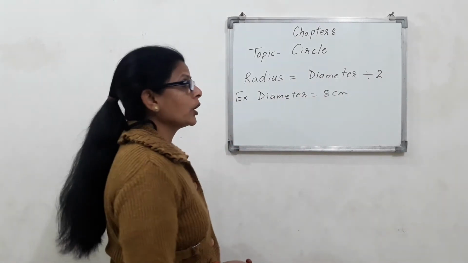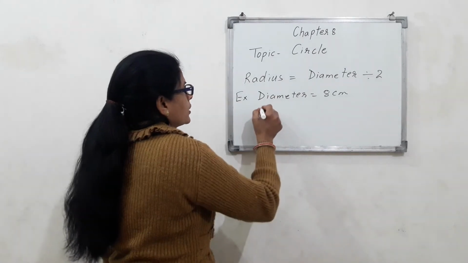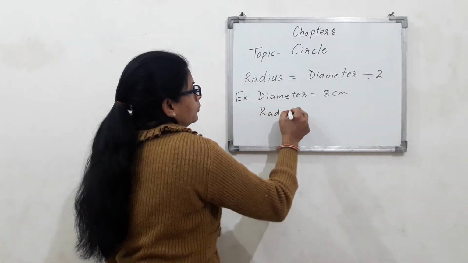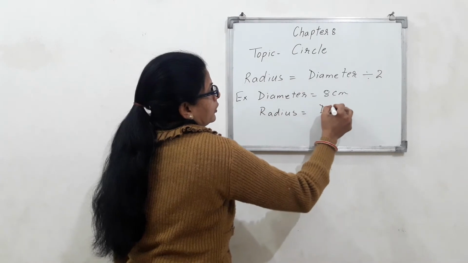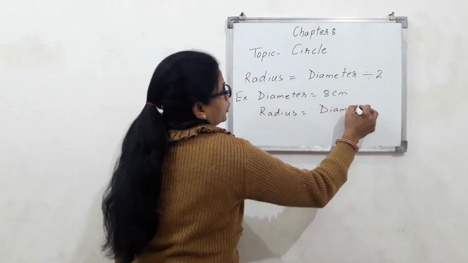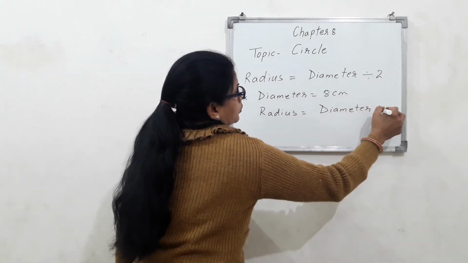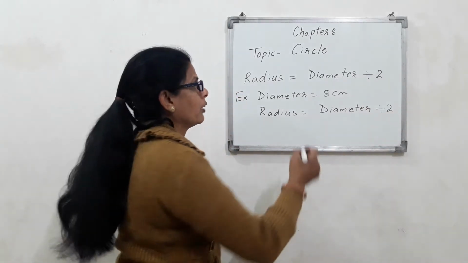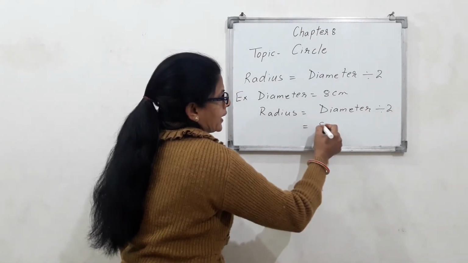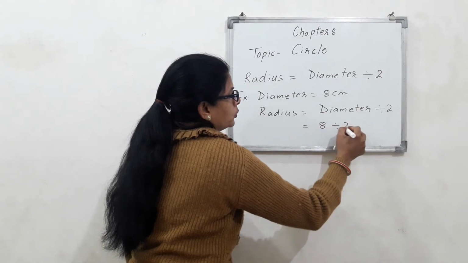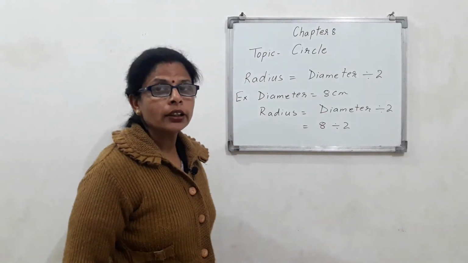So what is the formula to find the radius? Radius is equal to diameter divided by 2. Right? So we have to divide 8 centimeter by 2. All of you know how to divide?